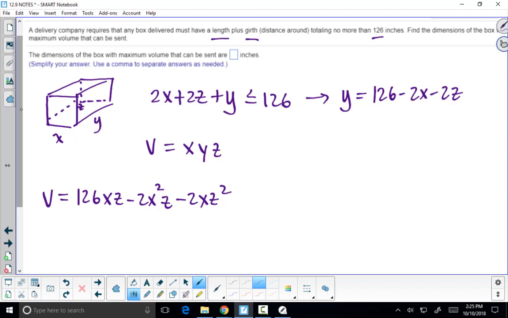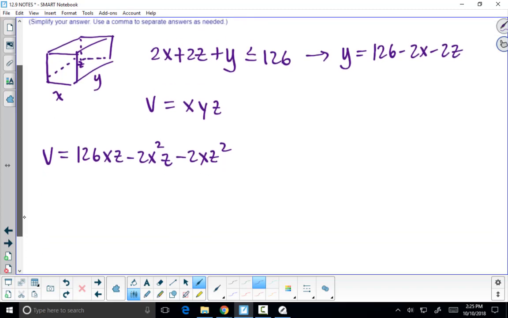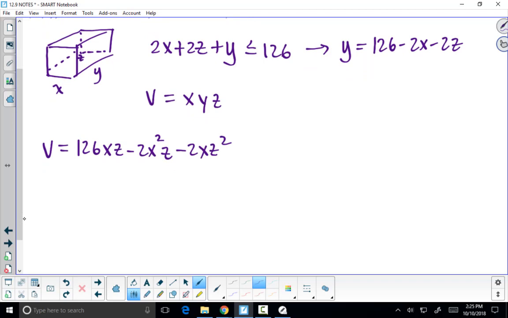Okay. So then we have a function of two variables. Then we can partially differentiate it. We can get v sub x, we can get v sub z, and we can do the second partials test.